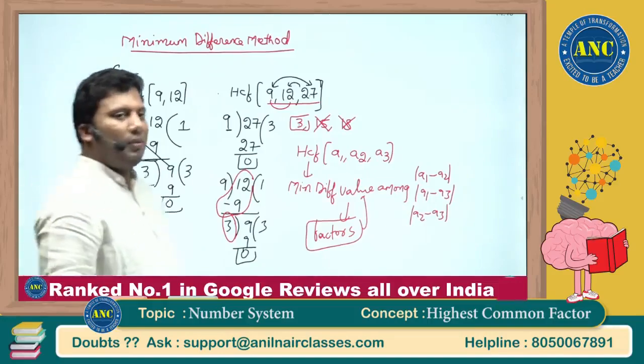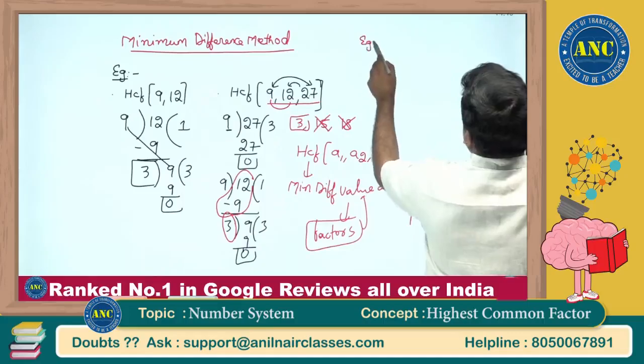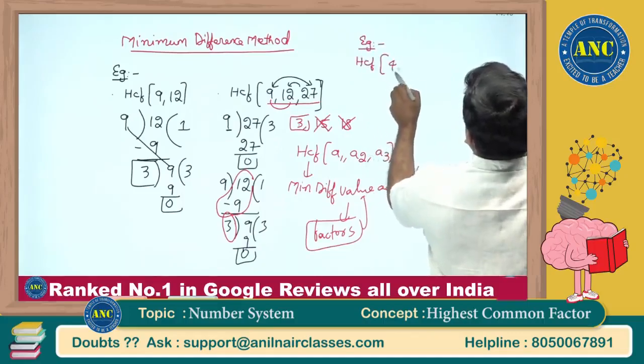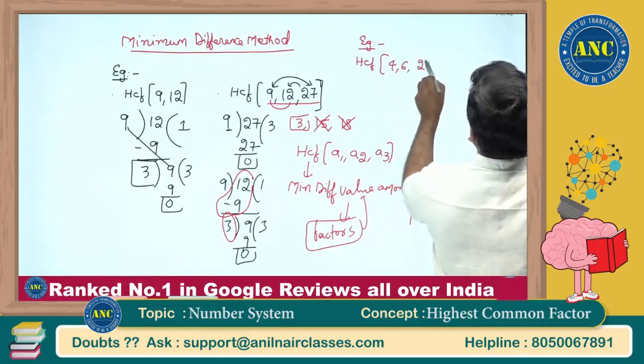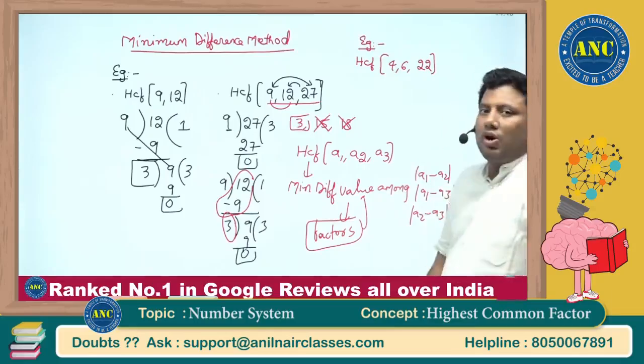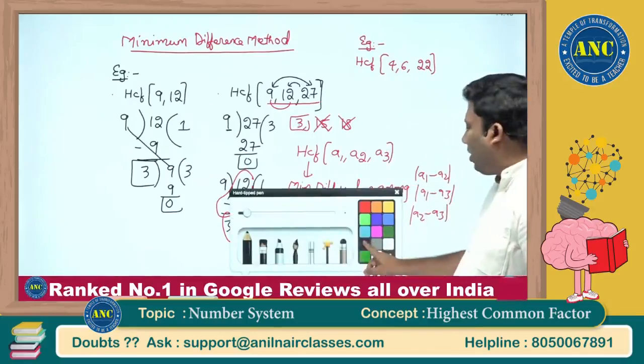Example: suppose 4, 6, 22 are there. You don't need to do a long division.